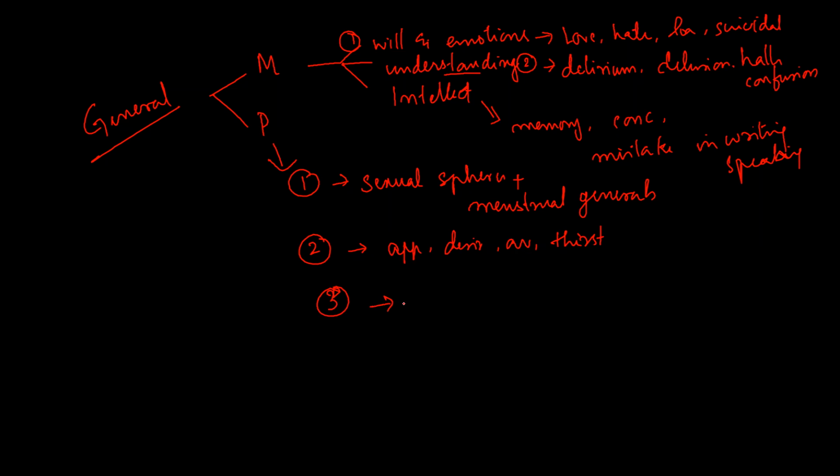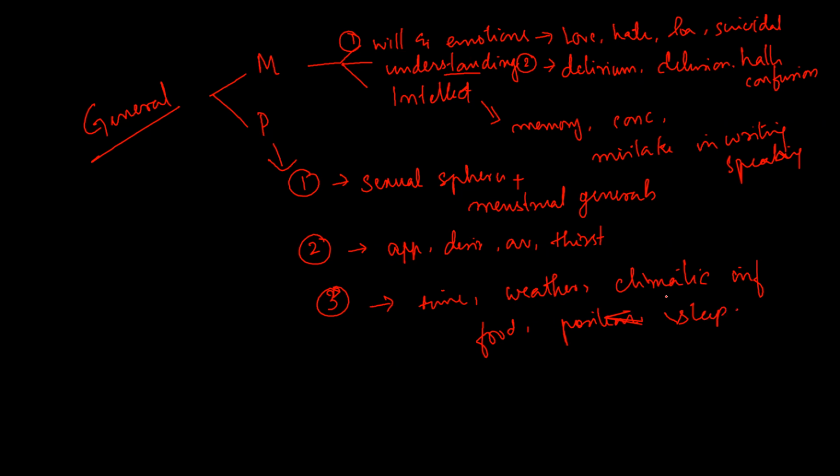The third one is the other symptoms that affect the entire body, like time, weather, climatic changes or climatic influences. Then food that aggravates, extreme of temperature, position, sleep. All these come under the physical general.